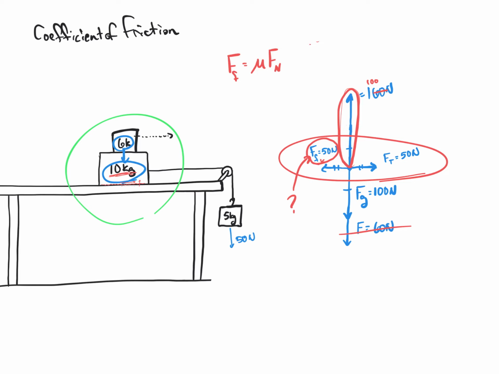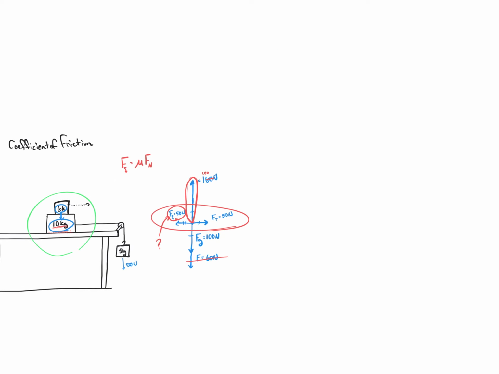Oh man, this is getting messy. Let's move over here. We had a normal force of 100 newtons. We had a force of friction of 50 newtons. And so if I plug that into that equation, 50 is equal to mu times 100. Turns out it's exactly the scenario I just described.